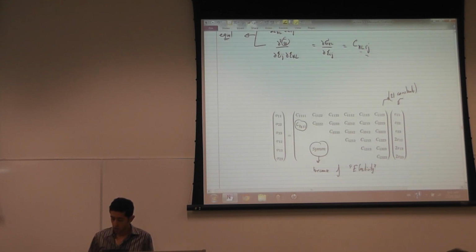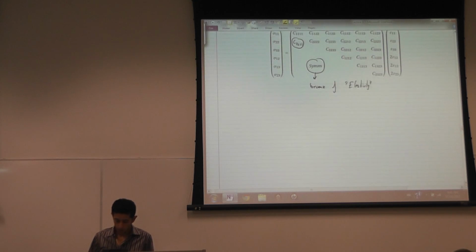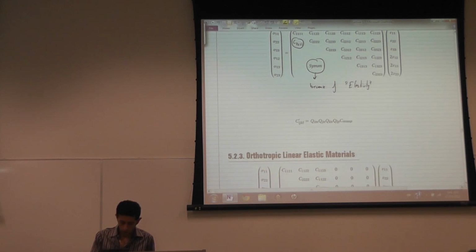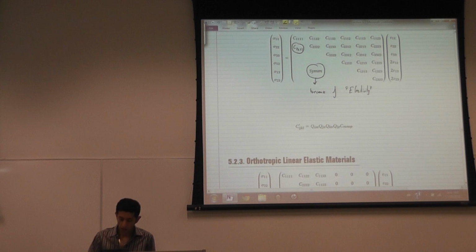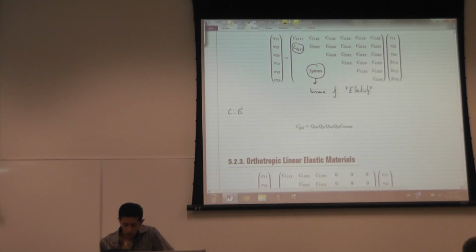Now, if the material is orthotropic, before that, this Cij, basically C, takes the strain matrix and gives me a stress matrix.